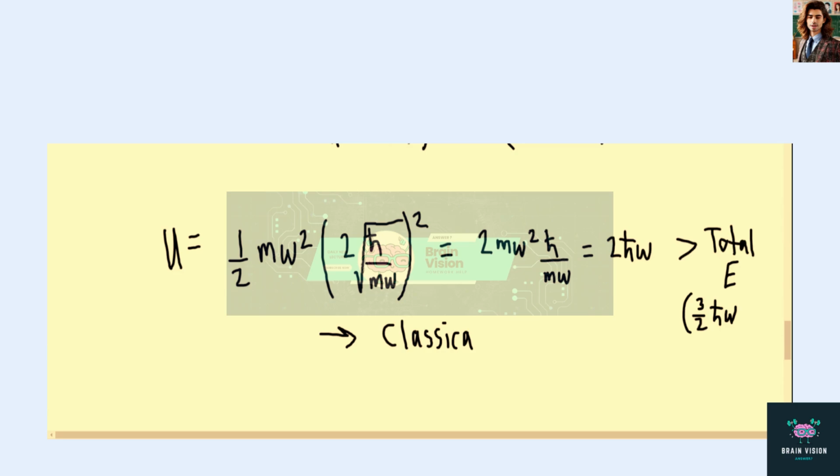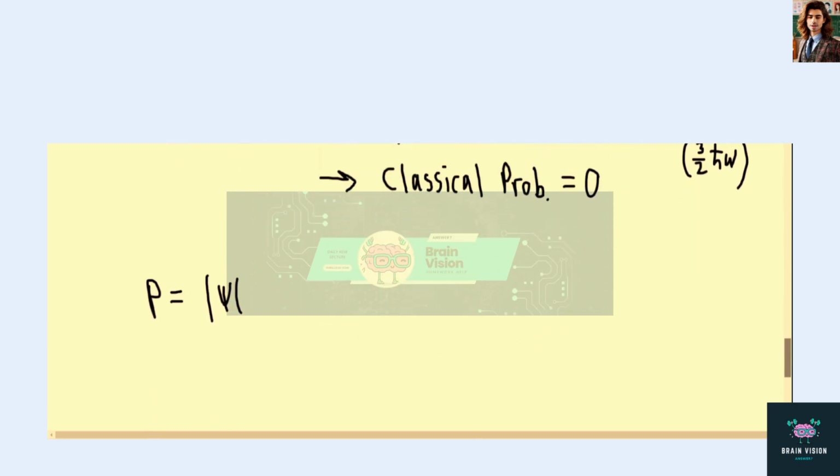That's the total energy, whereas the potential would be 2 h bar omega. So the classical probability would be 0. There's no way classically that the particle could have that much energy, although quantum mechanically it could. So the classical probability would be 0 then. That's how you would interpret that.